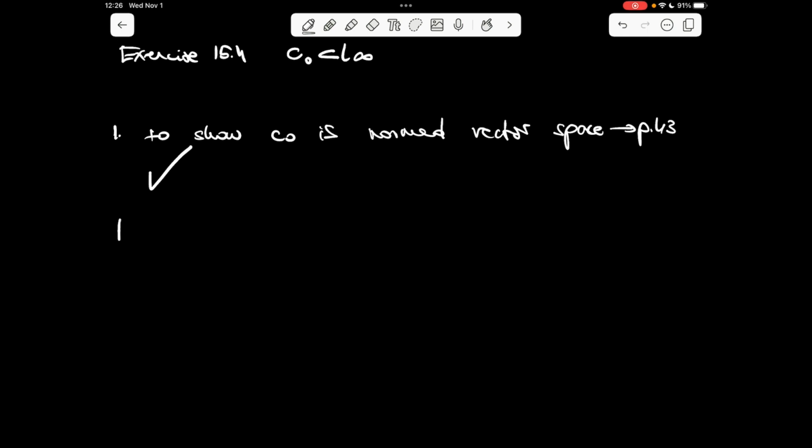So the norm of the vector space L infinity is naturally a norm for C0.